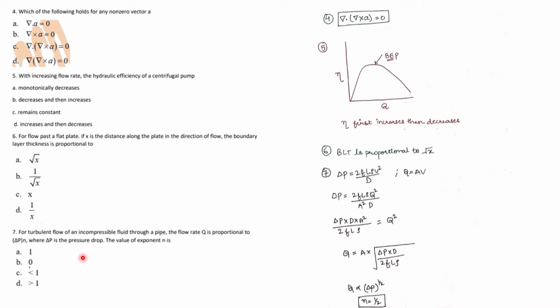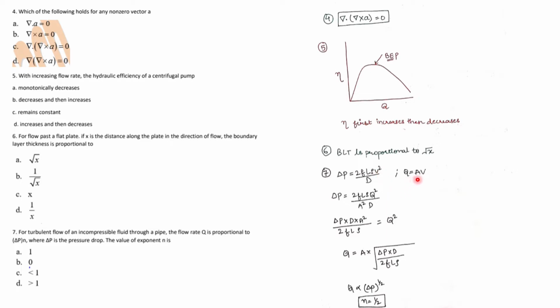Moving on to question number 7. For turbulent flow of incompressible fluid through a pipe, the flow rate is proportional to delta P to the power n. We have to find out the value of this exponent. So we know that delta P is 2FL rho V square by D, where F is the friction factor, L is the length, rho is density, V is velocity.